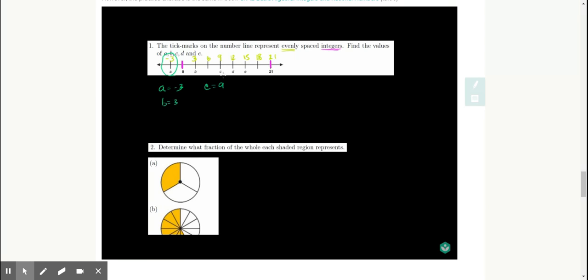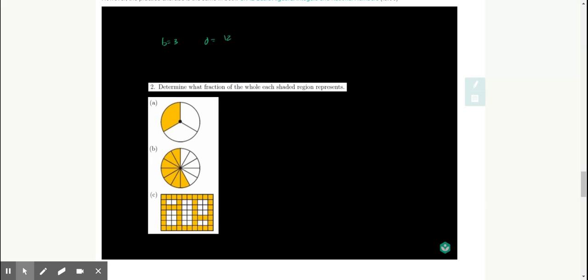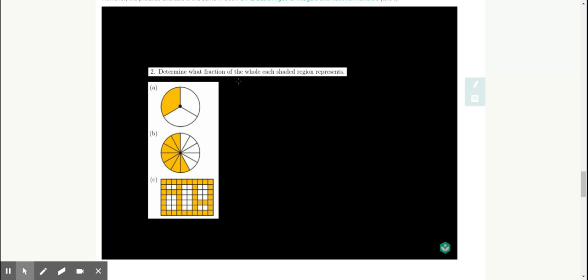C is equal to 9 right there. D is equal to 12. And E is equal to 15. Not too bad. All right. Determine what fraction of the whole each shaded region represents. All right. Let's see. Here we have 3, I guess you could say 3 sections of this pie.